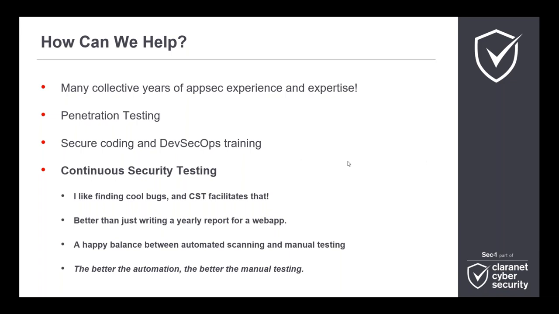But for me, I've started in the continuous security testing branch, and CST seems like a really nice middle-of-the-road approach, where I can find cool bugs because the boring out-of-date patches have been found automatically.